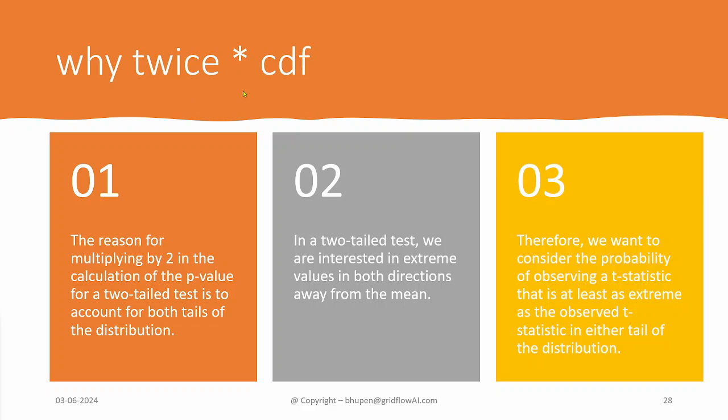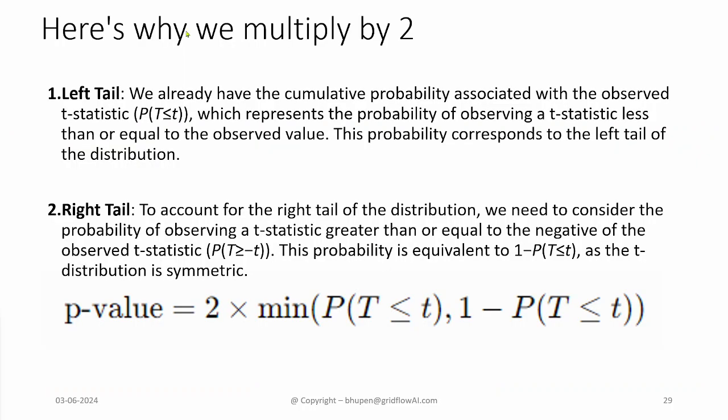Okay, so let's now talk about why we do twice the CDF. Because we have two tails. Either the value can be greater than the hypothesis or lesser than the hypothesis. If it is not a two-tail test, then we are not going to multiply by two. We'll just take 1 minus the CDF. So you have to consider whether it is a two-tail test or a one-tail test to compute the p-value accordingly.